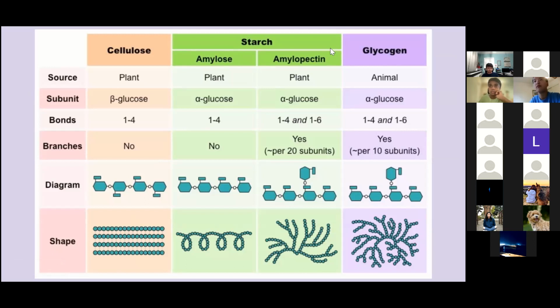The difference between cellulose and starch is that cellulose has beta glucose linkages, whereas starch has alpha glucose linkages. And starch is again divided into two groups, amylose and amylopectin. The difference between those is that there are no branches in amylose, whereas there are branches in amylopectin.